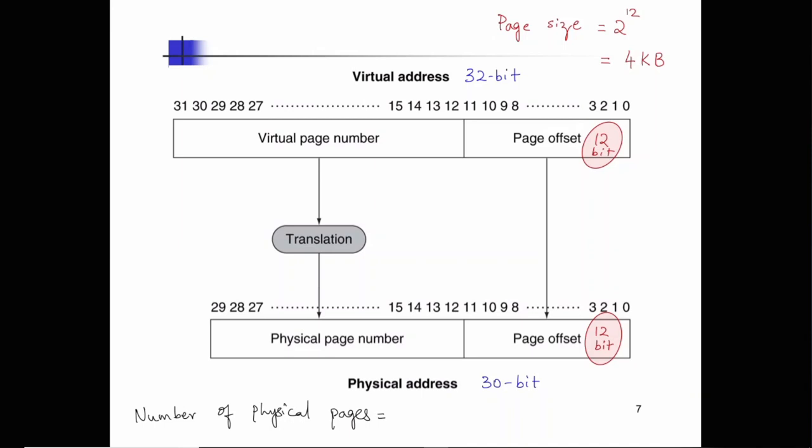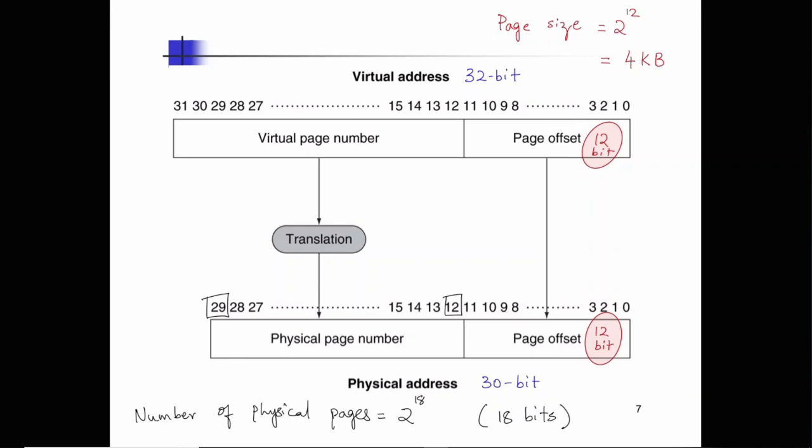Well, for that I need to know how many bits I have for the physical page number. I have bits starting from 12 all the way to 29. That would give me 18 bits, which means I have 2 raised to 18 physical pages. The reason is we have 18 bits for the physical page number.